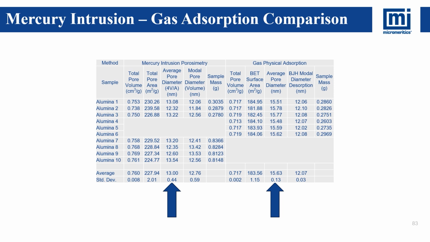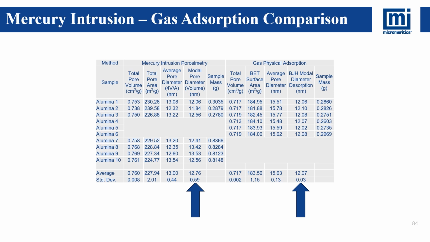Mercury porosimetry probably less so because we know that its total pore area is not as reliable as the BET surface area. Now, when comparing the modal diameters from the desorption and from the mercury intrusion, we saw in the plot of the log differentials that they agreed quite closely, and here we see that they do, 12.07 versus 12.76 nanometers.